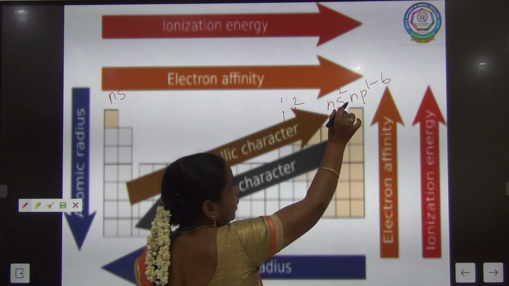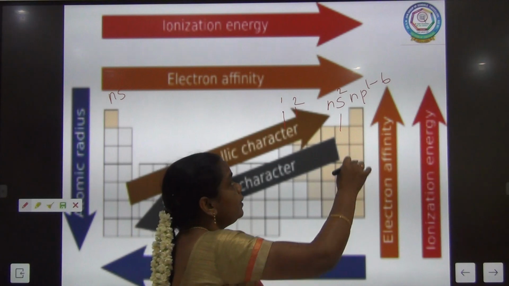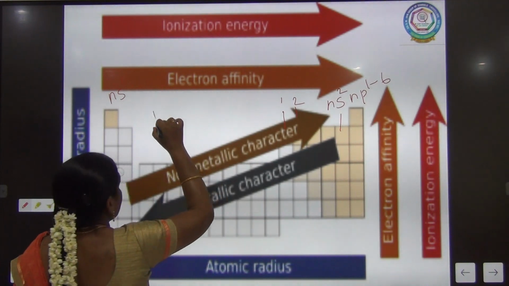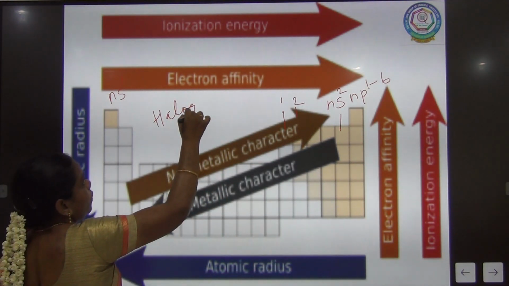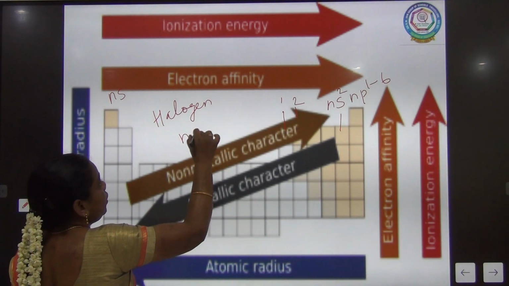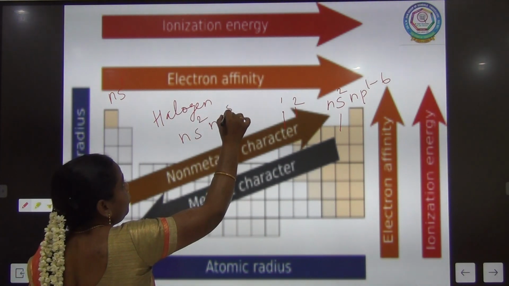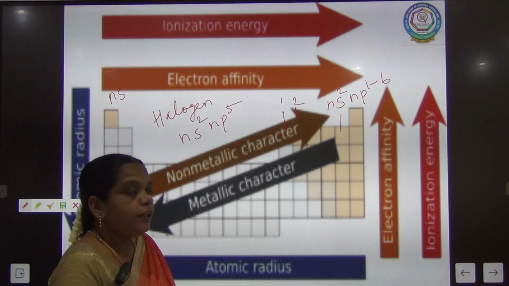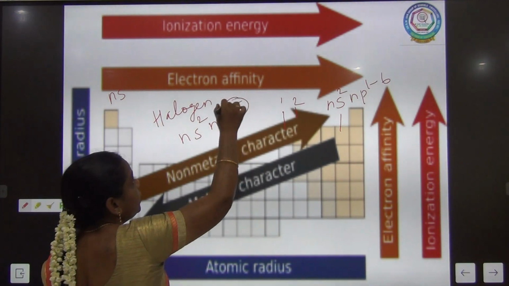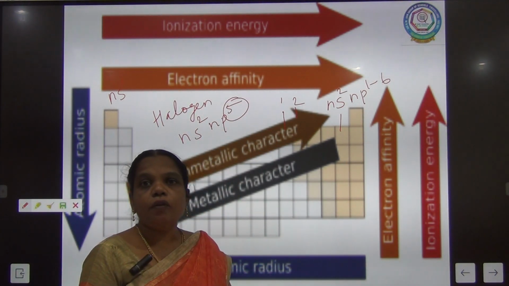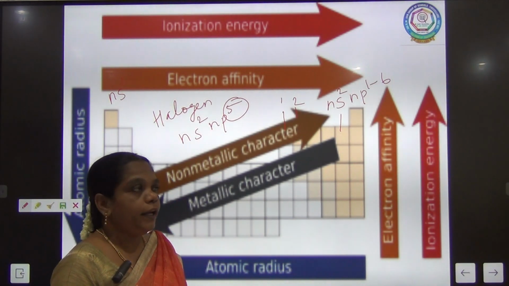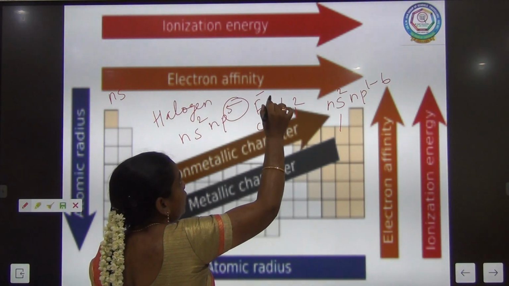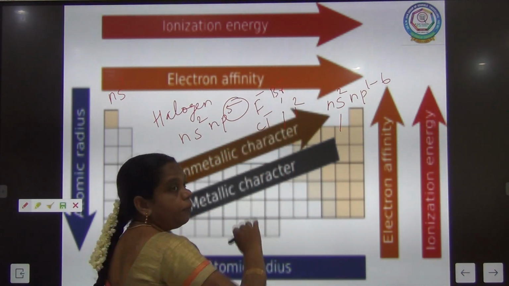If you go to the 17th group, halogen has the electronic configuration ns2 np5, so the halogen can easily gain one electron by releasing energy. It gains one electron and becomes an anion. So the halogens exist as F minus, Cl minus, Br minus.